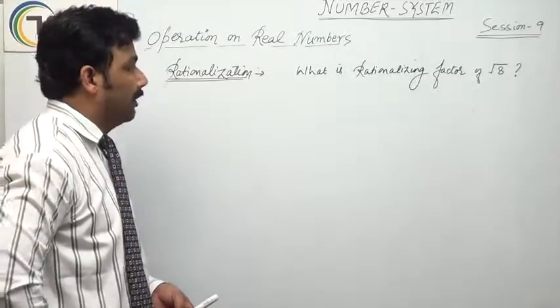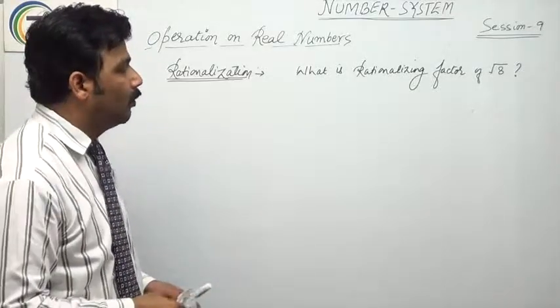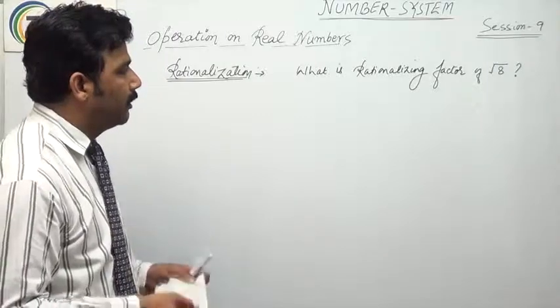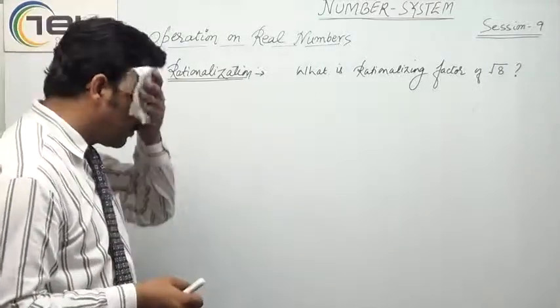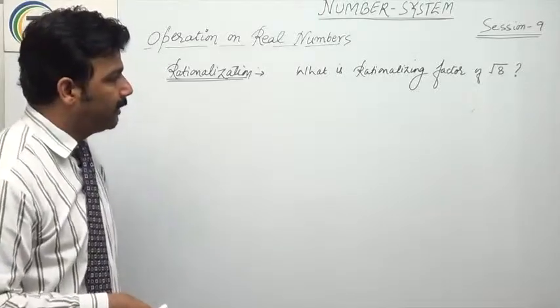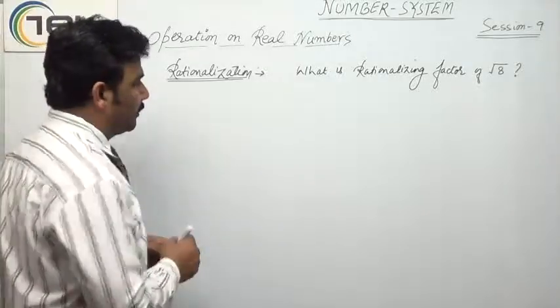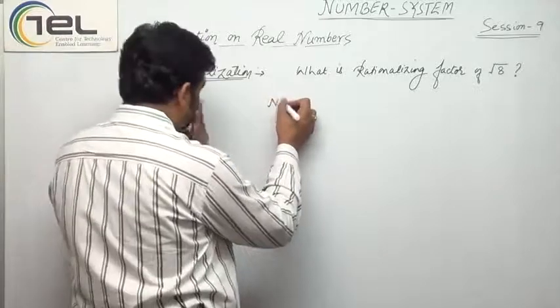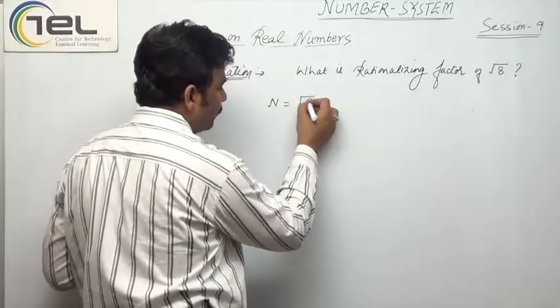It is an easy one, but normally the mistake students make is this: let's say n is a number, and the number is root 8.